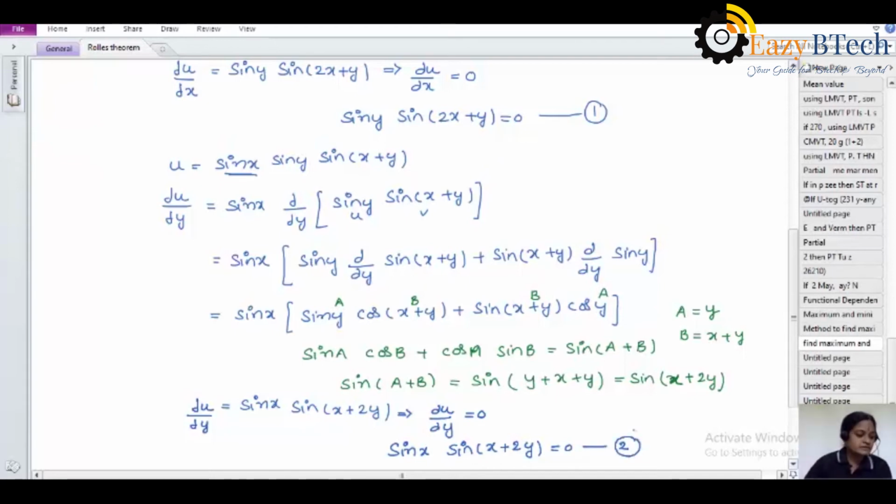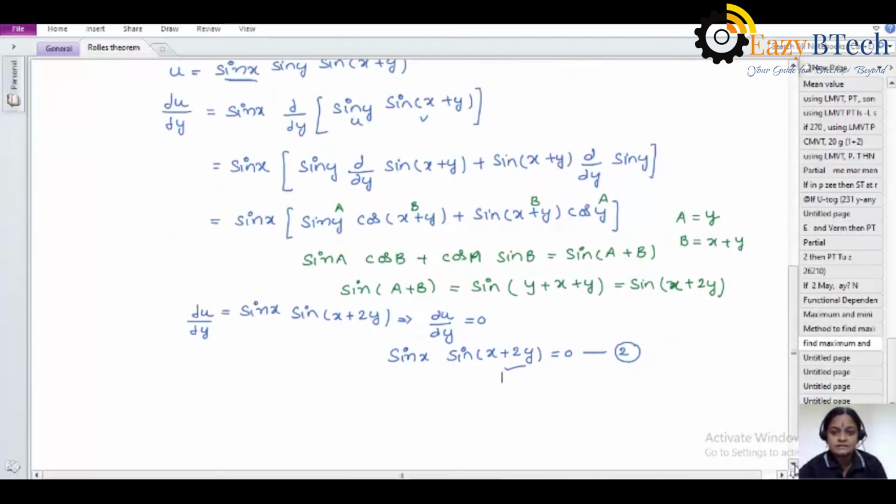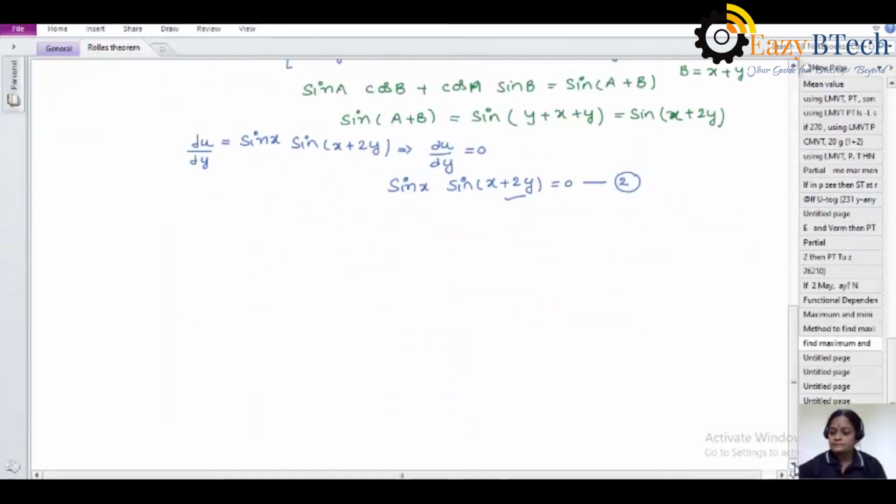So the first equation is sin y into sin(2x+y), and the second equation is sin x into sin(x+2y). So now according to the method, solving these two equations to get the values of x and y. Okay, so now solving equations 1 and 2.